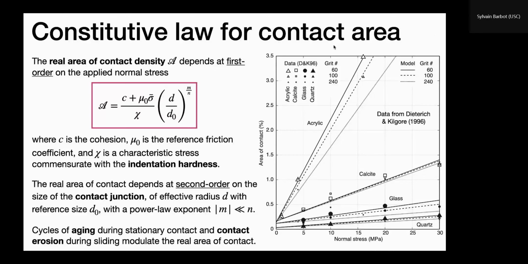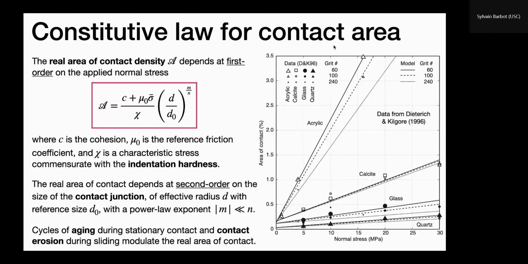And I think it's a very smart experiment, because they basically subjected different materials to different normal stress, and literally imaged the area of contact. So we can directly use it to calibrate the equation. But in addition to that, they prepared the surfaces with different grit.